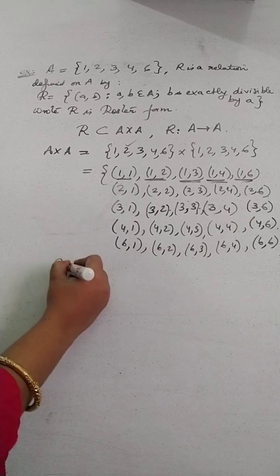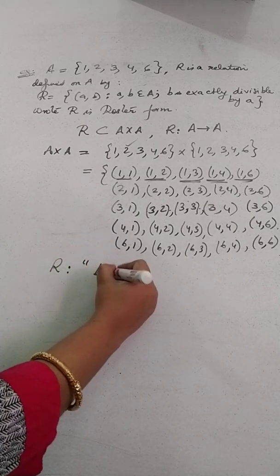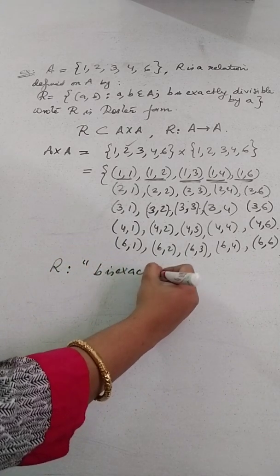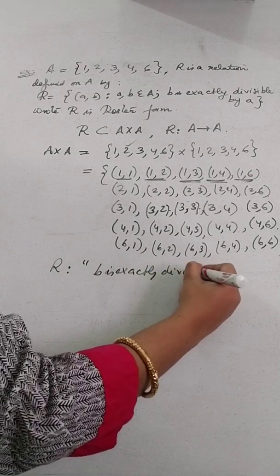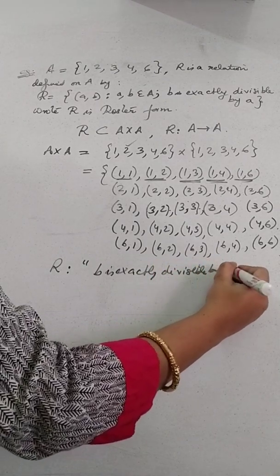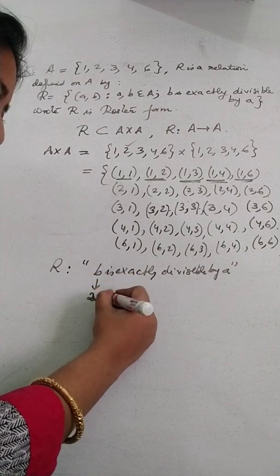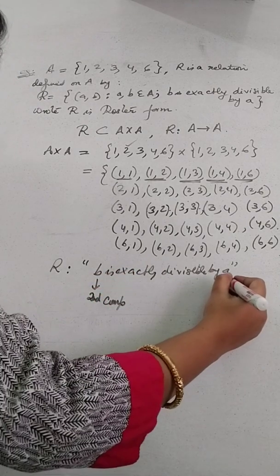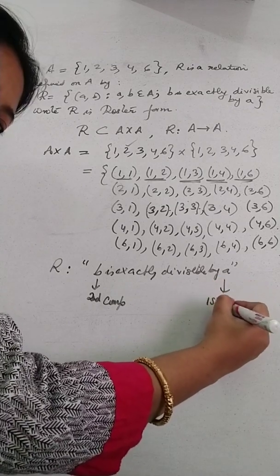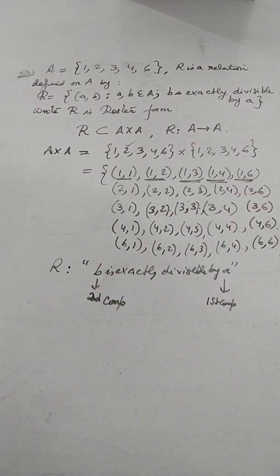Be careful: B is exactly divisible by A. That means the second component is exactly divisible by the first component.